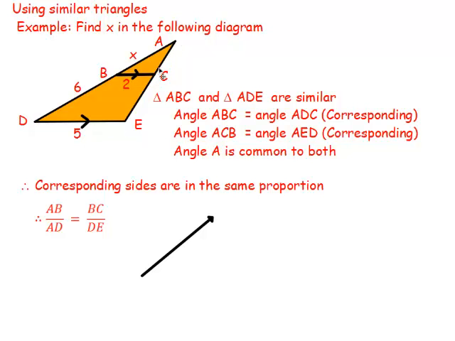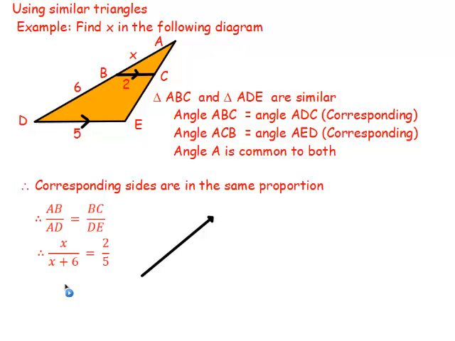I could also say AC over AE, but we're not interested in that because we don't have any information about them. So let's write in what we do have. AB is x. AD is x plus 6. BC is 2. And DE is 5.